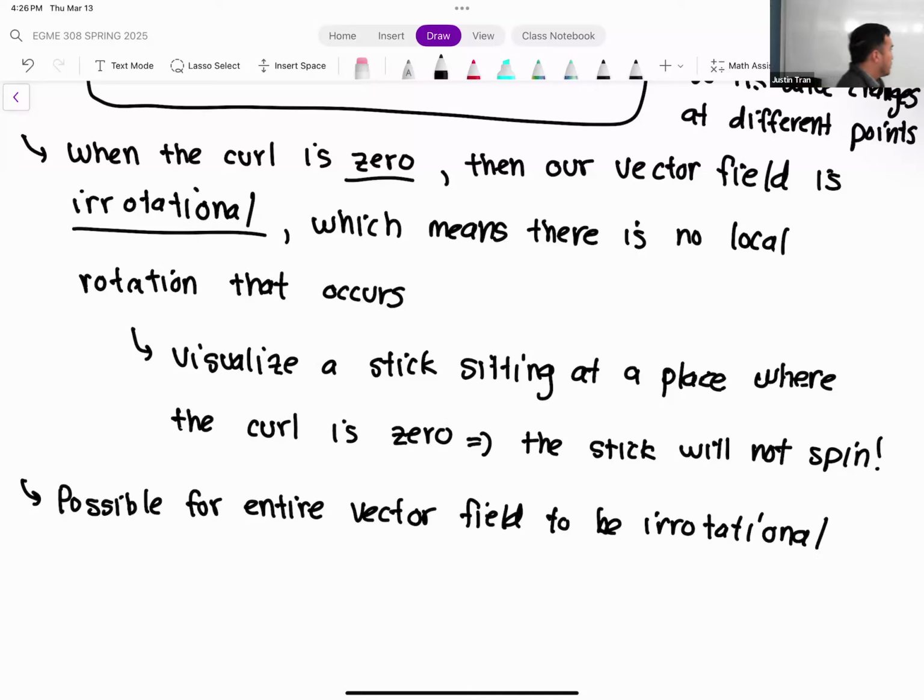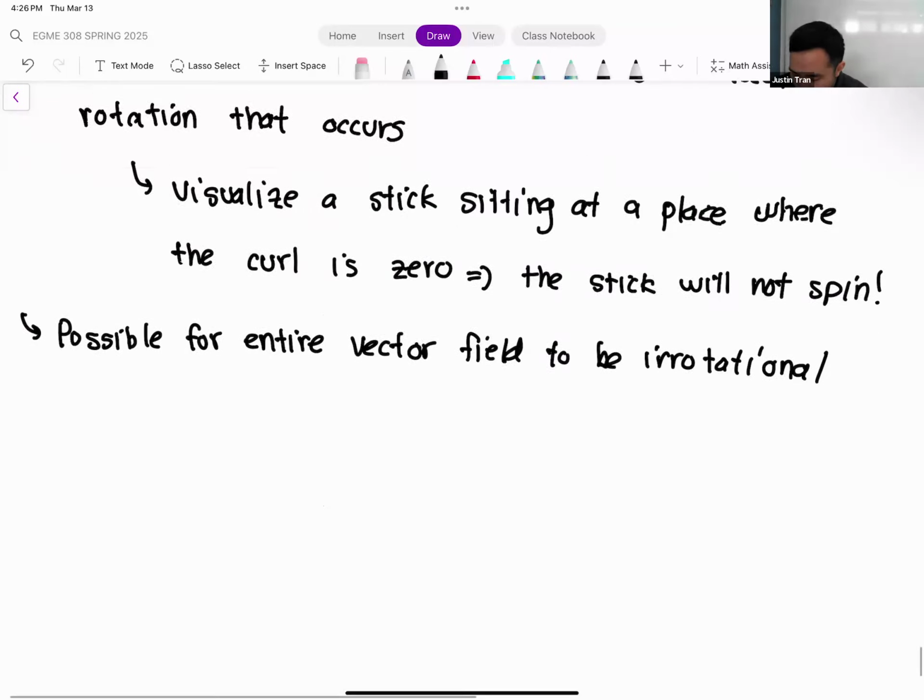And if you keep up this analogy where the vector field represents a fluid flow field, that means you can travel along an irrotational fluid flow field, and you'll never change orientation. You'll just stay in the same orientation.